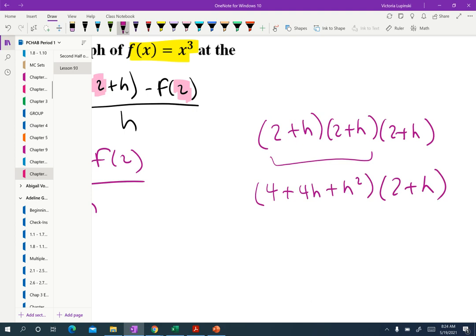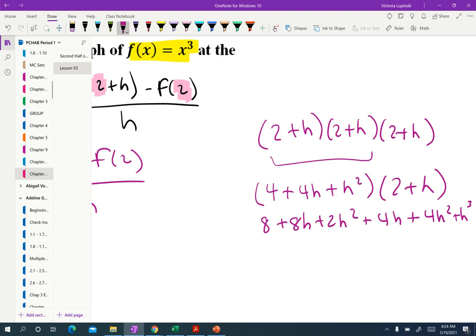Now you're going to have to multiply that trinomial times that binomial. So if I start by multiplying 2 times 4, 2 times 4h, and 2 times h squared, then I'm going to multiply everything by h. So that's 4h squared and then h cubed.